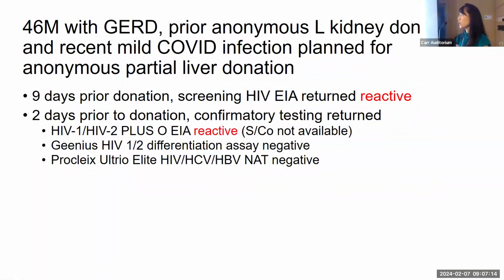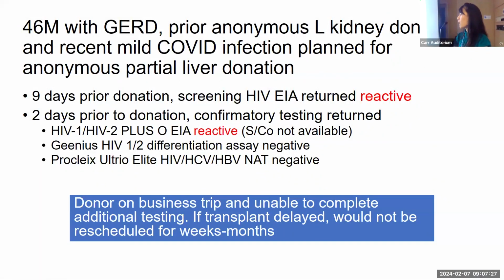The differentiation assay is negative, and then they do a combination NAT for HIV, Hep C and Hep B. That's NAT negative. So then the question comes to me, with additional information. Of course, the donor is a super busy person. He is traveling right now, so he can't get to a lab. So you can't get any additional testing right at this moment.